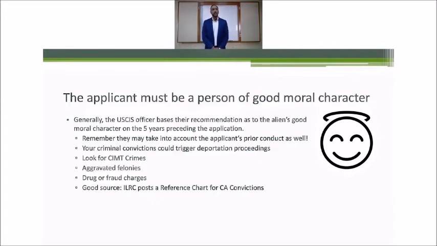A lot of times we'll tell our client, look, we have to present to USCIS that you are a person of good moral character. And how do you do that? You can show your taxes, which we like to do. If you're a well-to-do teacher or an engineer, and now you make a decent amount of money, you're a tax-paying person that has never defaulted or has no unpaid taxes, that's a great thing that we like to use.